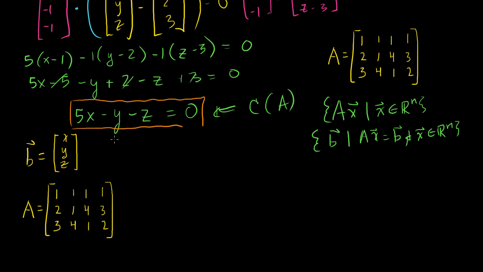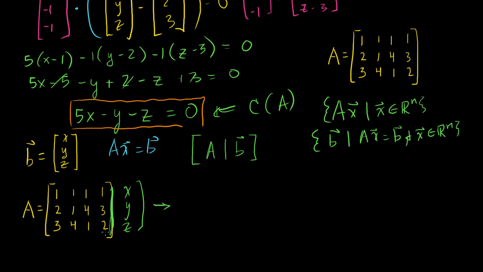If I'm solving the equation Ax is equal to b, I can essentially just create the augmented matrix where I have the matrix A, and I can augment it with b, and put this in reduced row echelon form, and that'll essentially represent the solution set. So let me do that. So if I just augment this matrix right here with b, so I write x, y, z. So this is A augmented with b. This is A, this is b. Let me put this in reduced row echelon form and find the solution set.